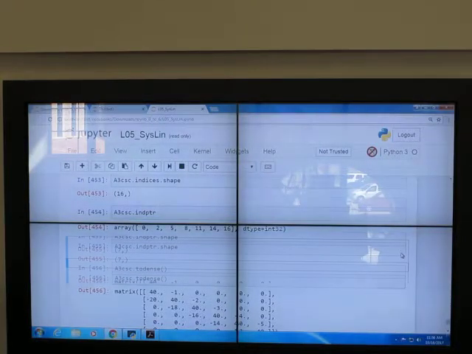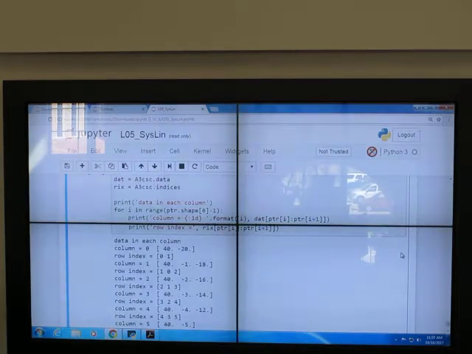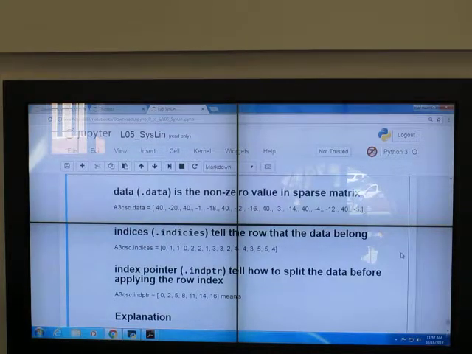Just 7. This tells me how it's split, I think. And they have 0, 2, 5, 8, 11, 14, 16. Doesn't mean anything for me yet until I show the explanation.